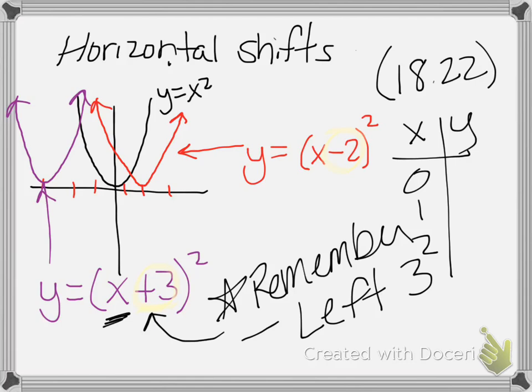I would suggest memorizing it, but if you forget it, which happens when you're nervous, you can always make a table and graph it. It doesn't have to be the perfect graph. You can just do a couple points to get the gist of it.